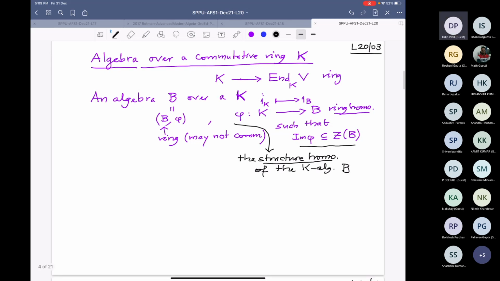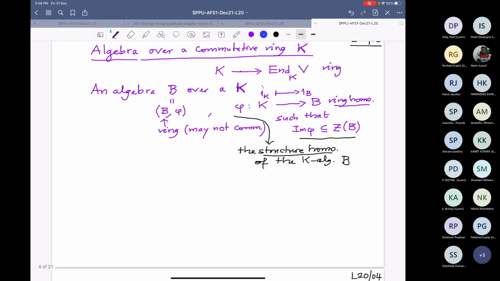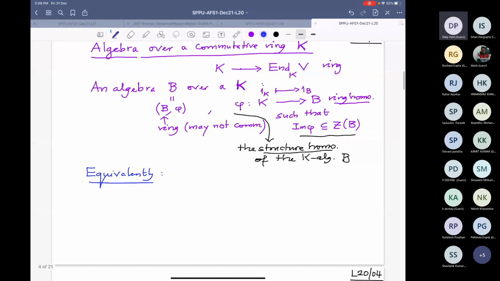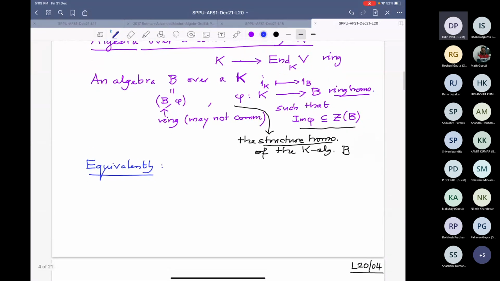All right. So, other way, equivalently, we are defining a K algebra. Equivalently, B is a ring.